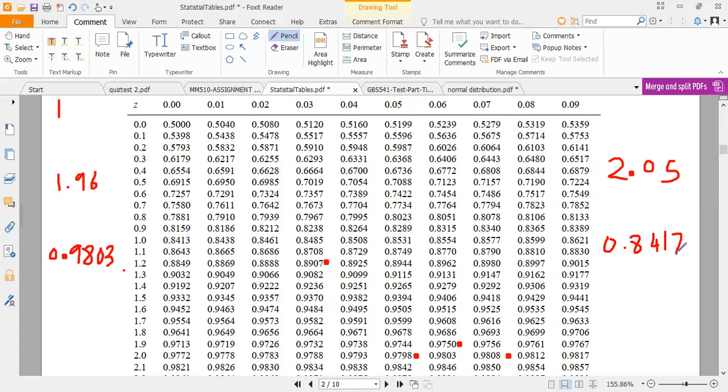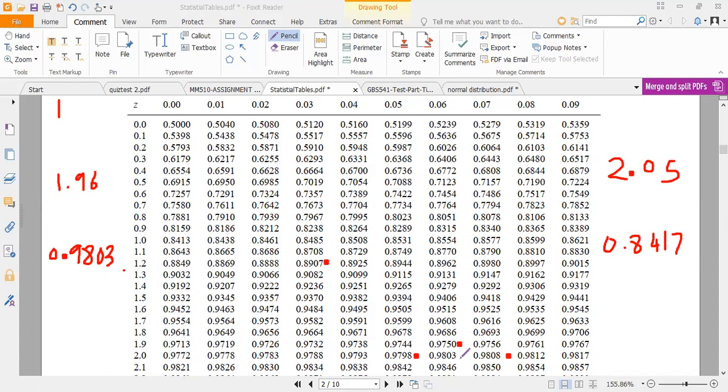What is the reading? So if you don't find the exact, you get the closest possible. 2.06. So 0.9803, we have an exact figure, 2.06 here.